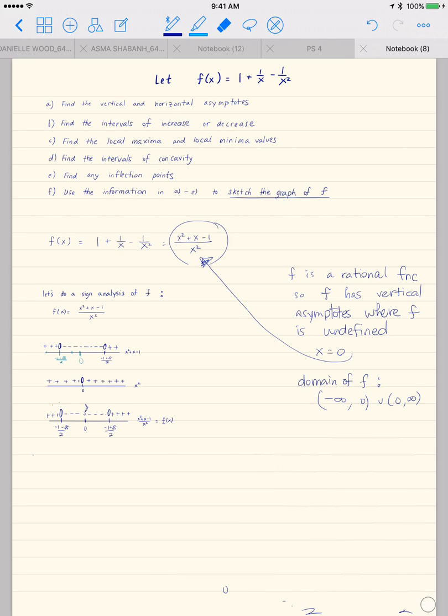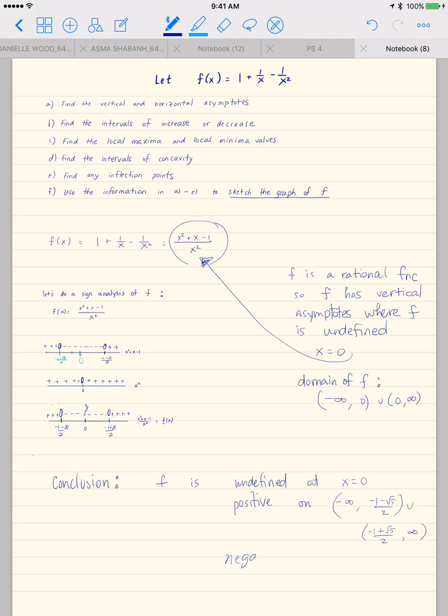Right, so after doing my sign analysis, the conclusion: f is undefined at x equals 0. It is positive on negative infinity to negative 1 minus root 5 over 2, union negative 1 plus root 5 over 2 to infinity.